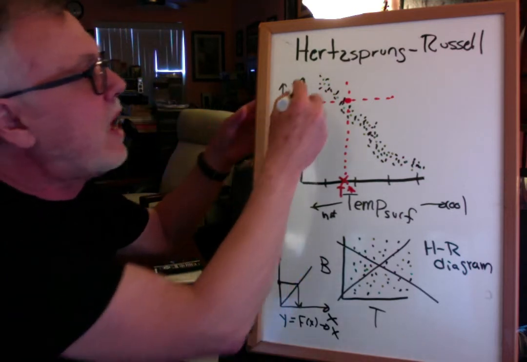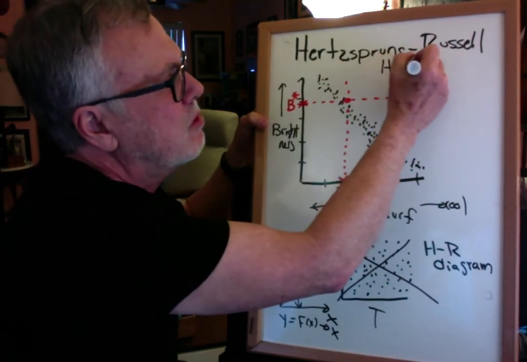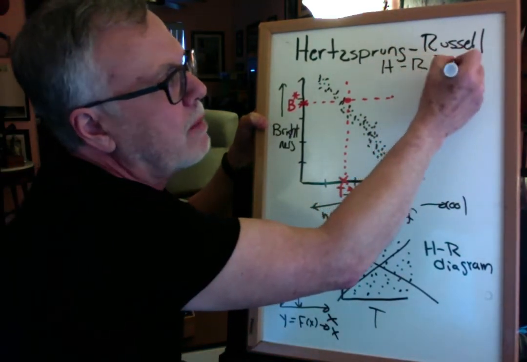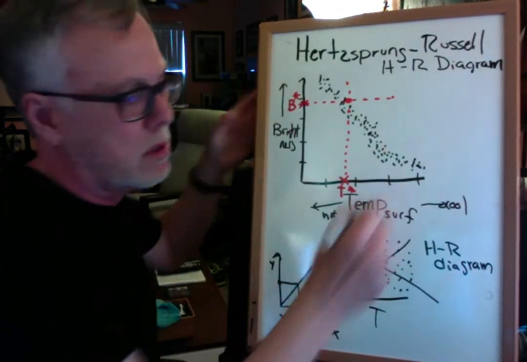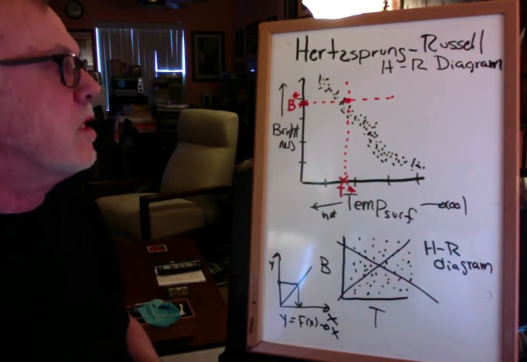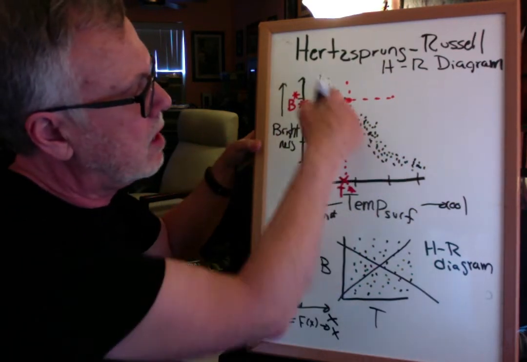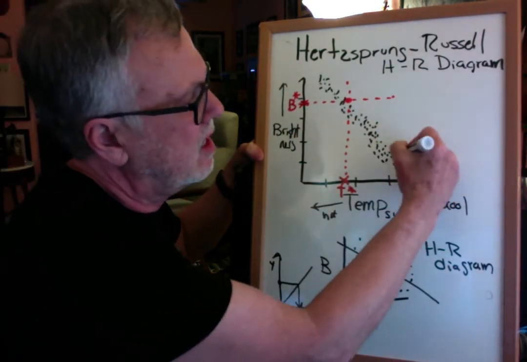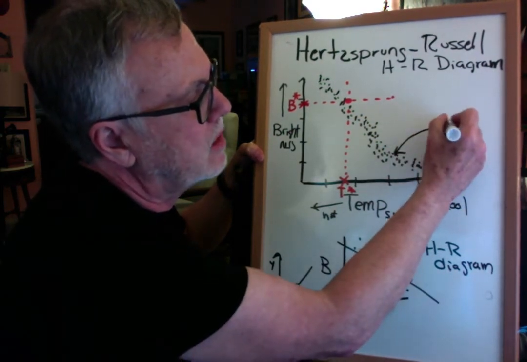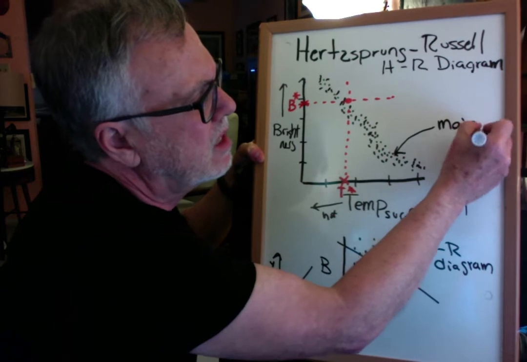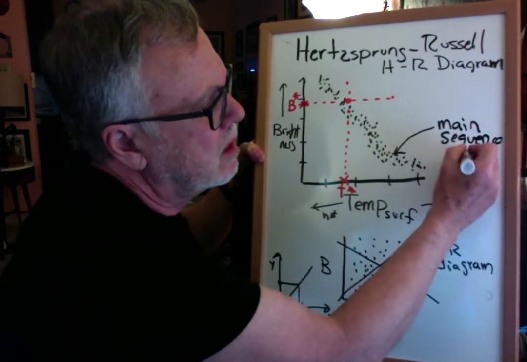And so this graph here, the HR diagram, turns out to be one of the most important diagrams that we'll use a lot for the remainder of the semester. So let's look at this. Let's get an idea. So this area right here, where most of the stars end up, is known as the main sequence of stars. Just a fancy name.